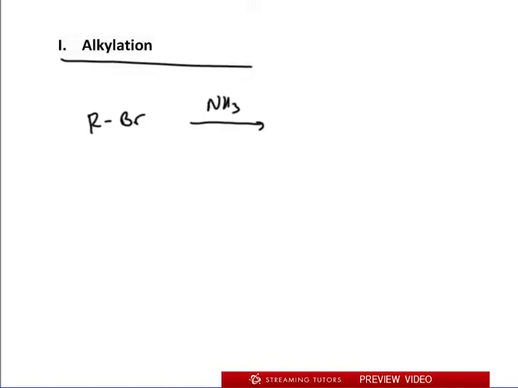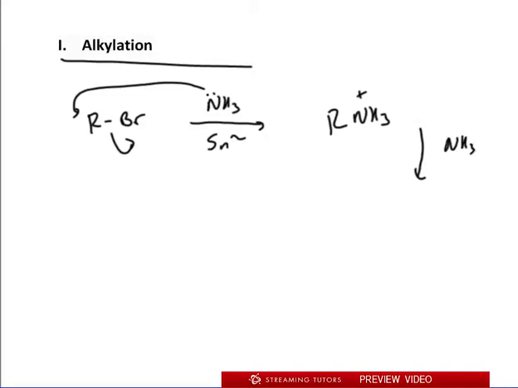It'll keep going on, so it really is a reaction of its own. This comes in by SN2 and pushes out the Br, and we get an RNH3 plus, and then we eventually pull off the H. We could use an NH3 or a Br minus, something to pull off that H, or if we don't care what's doing it, we could just write minus H plus. And now we have an RNH2.